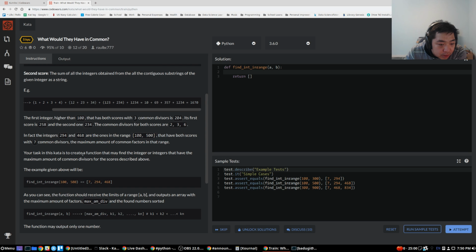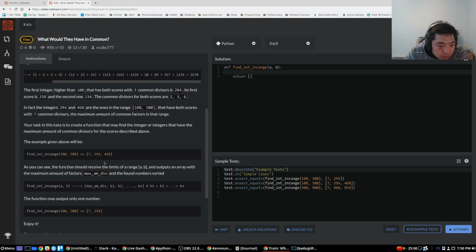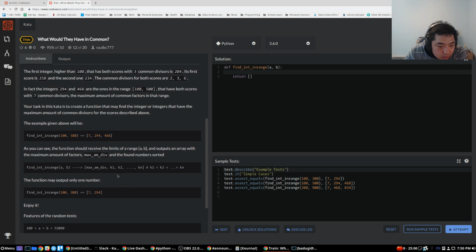As you can see, the function should receive limits of range A and B and output an array with the maximum amount of factors. The function may output only one number.